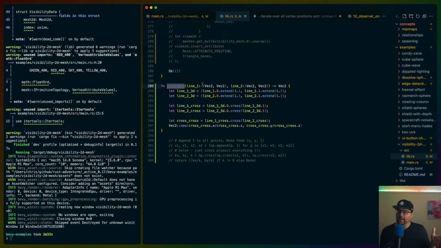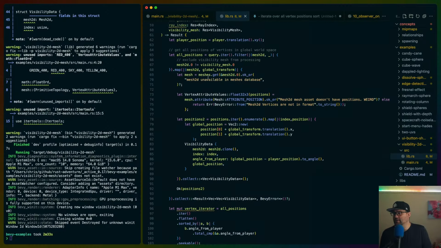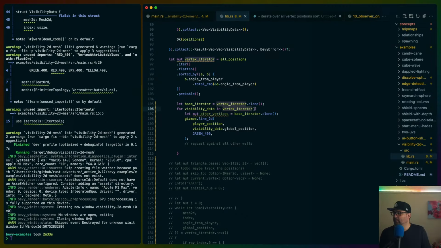So given a line and a line, we should be able to find the intersection. We aren't doing a bounds check here, so let's leave a note of like to do bounds check, right? Make sure that the thing that we see is actually in that spot. Let's do vertex iterator, right?